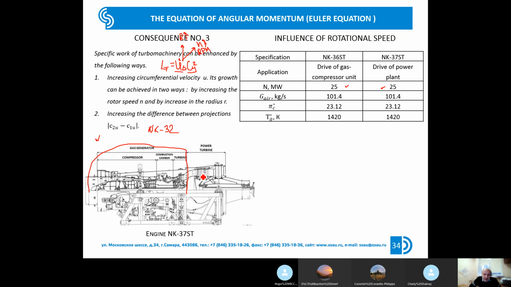From the position of thermodynamics, they are equal turbines. But what is the difference? The difference is in the rotational speed.